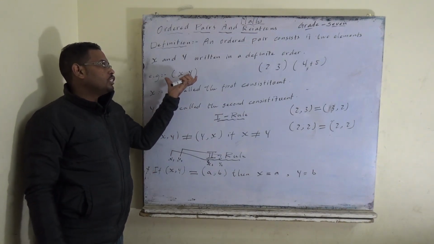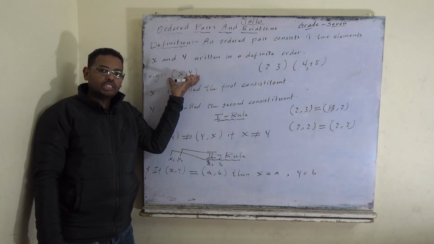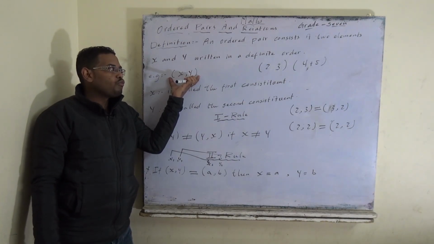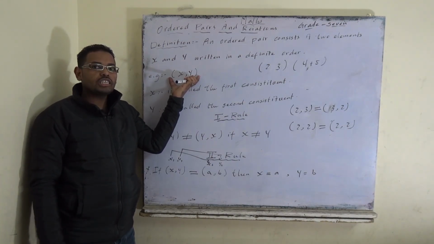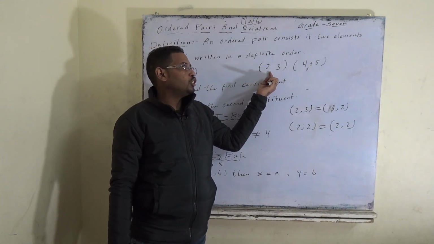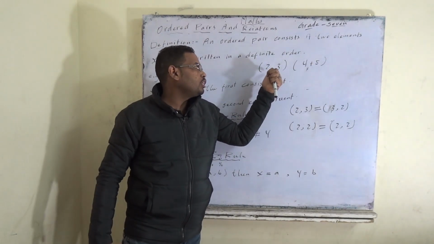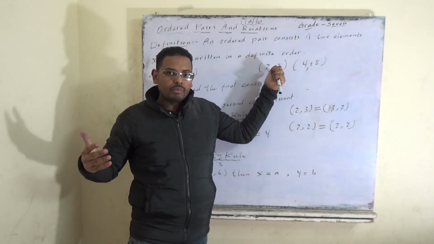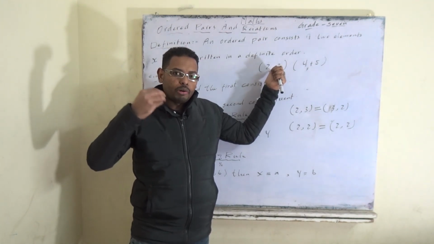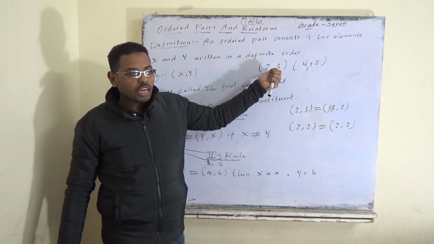Therefore, if they are not in this definite order or this definite shape, we can't say it is an ordered pair. As we illustrated here, this is not an ordered pair and this is not an ordered pair. Why? Because simply here this is not separated with a comma, and from the properties of an ordered pair, it should be separated with a comma.